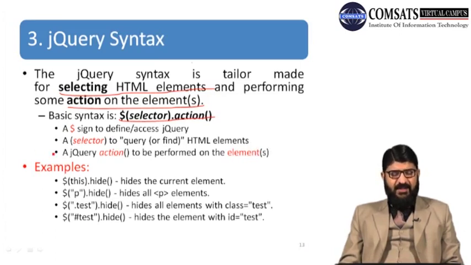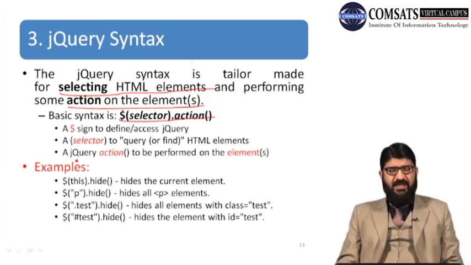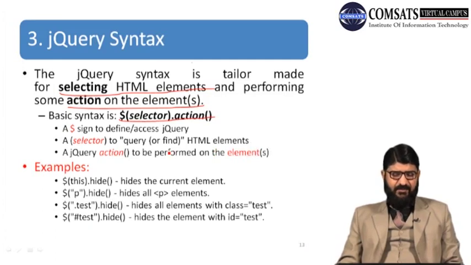And in the end, the jQuery action is mentioned, the action that is to be performed on that particular HTML element. So these are the three parts of the syntax in jQuery.